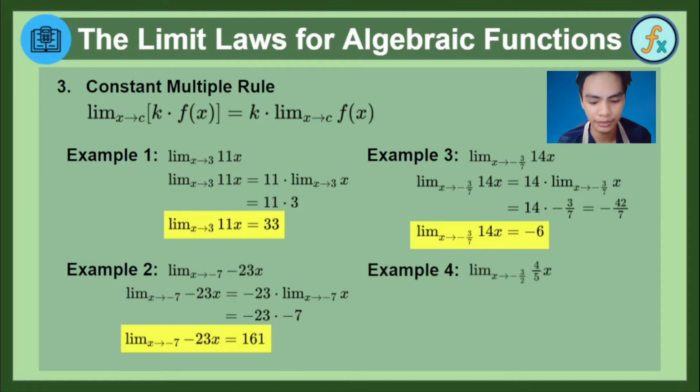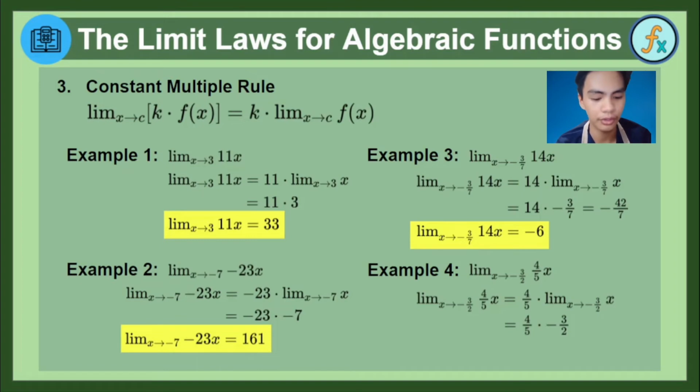Example number 4. Solve the limit of 4 over 5x as x approaches negative 3 over 2. Again, apply the concept, so it's going to be 4 over 5 times the limit of x. The limit of x as x approaches negative 3 over 2 is negative 3 over 2.